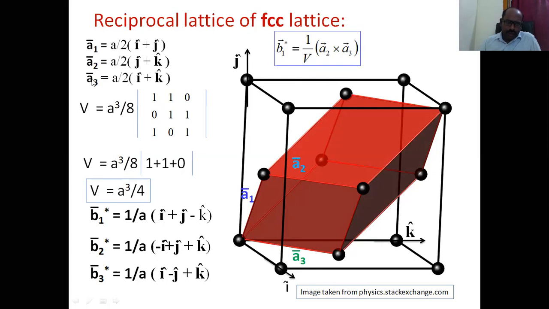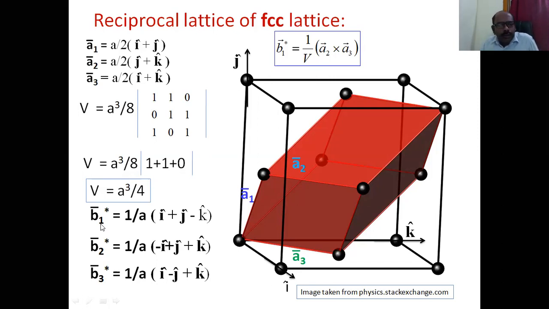Again we have to do the cross product of two vectors with the help of the determinant form. So here we write i, j, k, and here the remaining A2 means j and k, and i and k, just like that. By calculating A2 cross A3 and dividing the resultant quantity by V, we get these basis vectors.